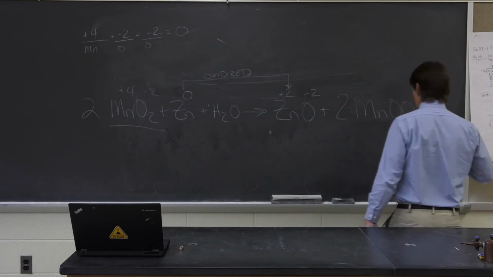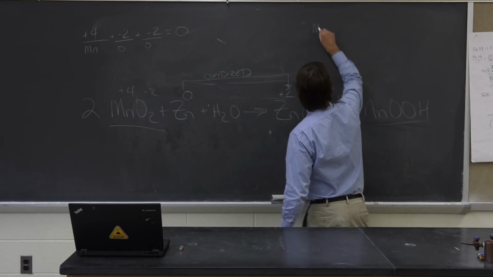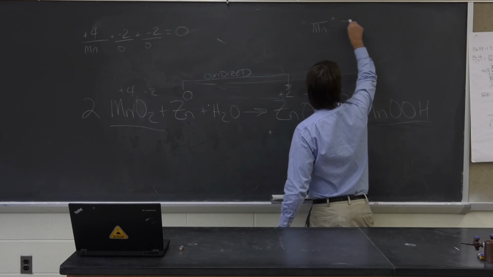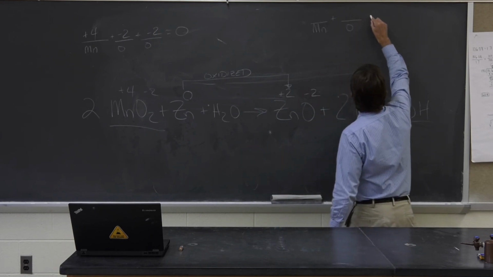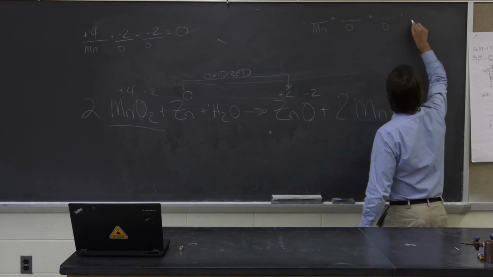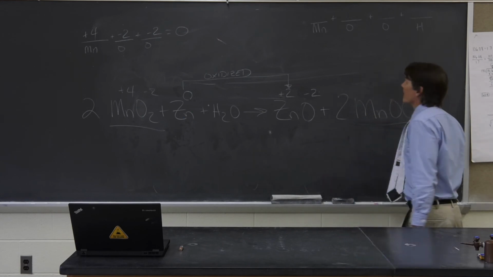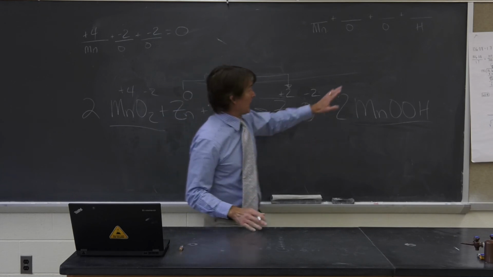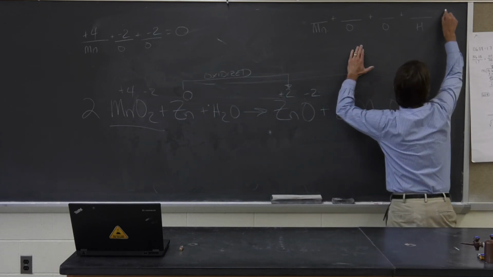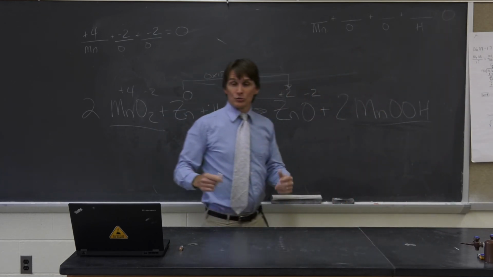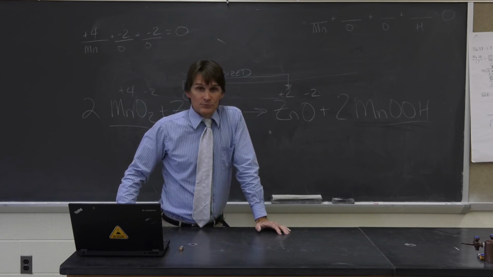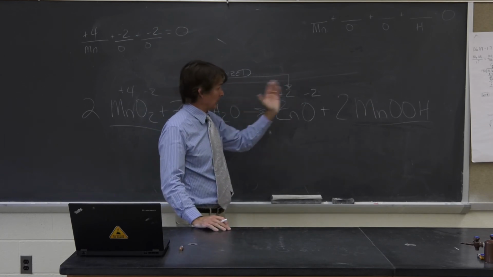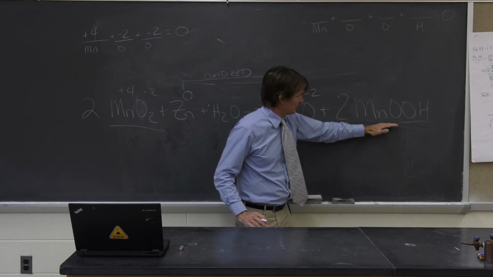Let's look over here at this particular compound. I've got a manganese, and I've got 2 oxygens, and I've got a hydrogen. So I look through the rules. Rule 1 applies, of course. Better make sure the sum of those is 0. Rule 2 doesn't apply, it's not an element. Rule 3 doesn't apply, there's no monoatomic ion, it's a compound that we're dealing with.